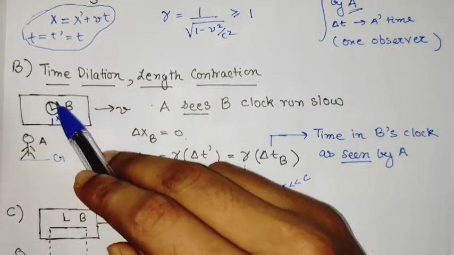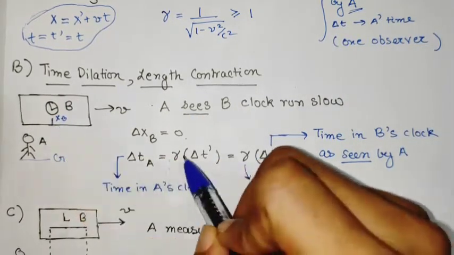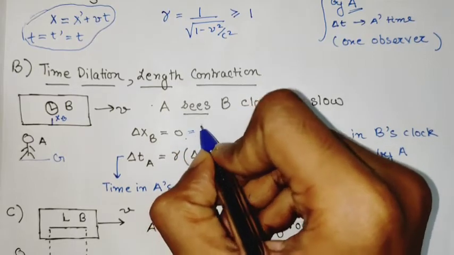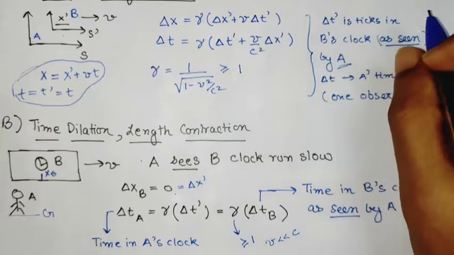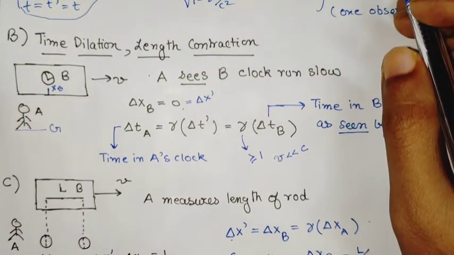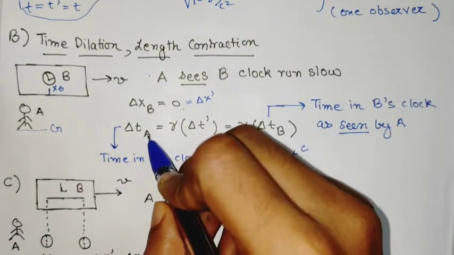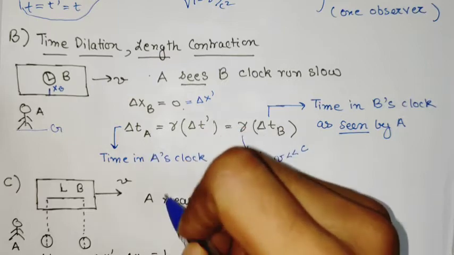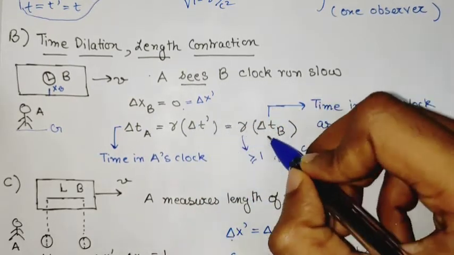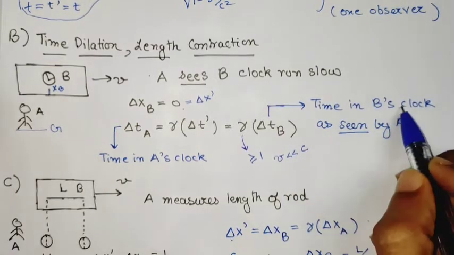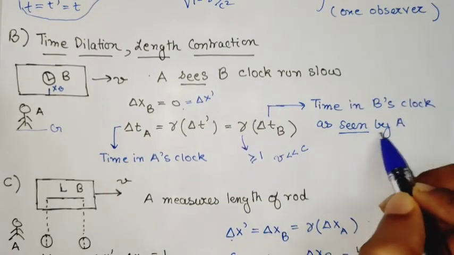As the clock is fixed, delta x B, which is essentially delta x prime in our formula, is equal to 0, and I want to relate delta t A with delta t prime, which is delta t B, the time seen on B's clock as seen by A.